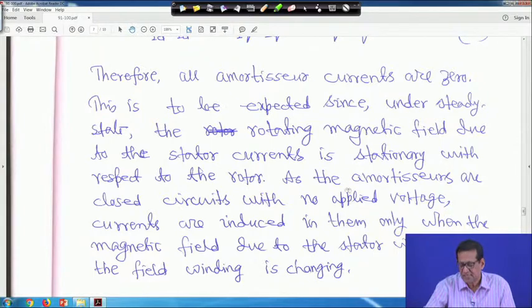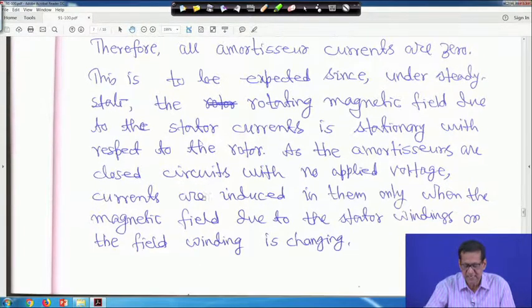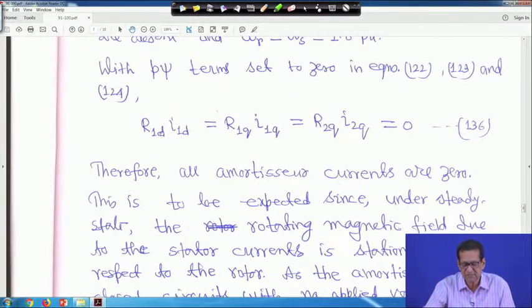As the armatures are closed circuits with no applied voltage, currents are induced in them only when the magnetic field due to the stator windings or the field winding is changing. Otherwise, if it is steady state and not changing, the d psi by dt terms are 0. That is why we have written these equations with these terms becoming 0, and we are dropping the psi dot terms.